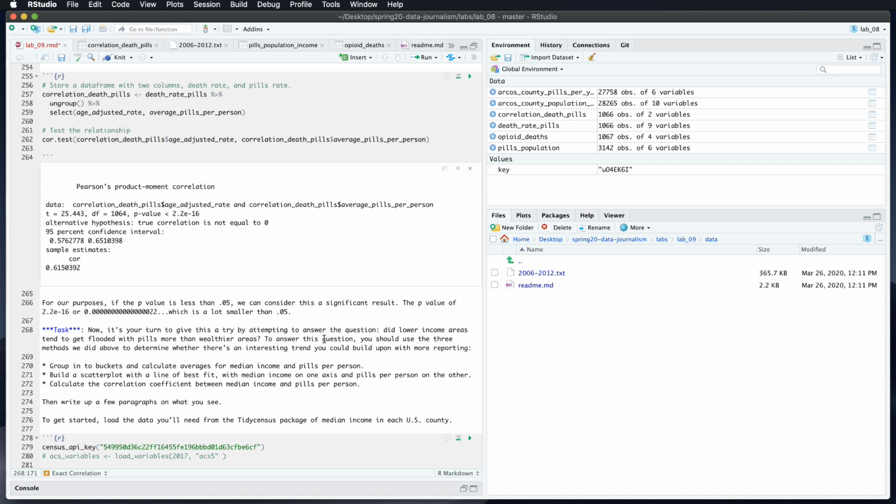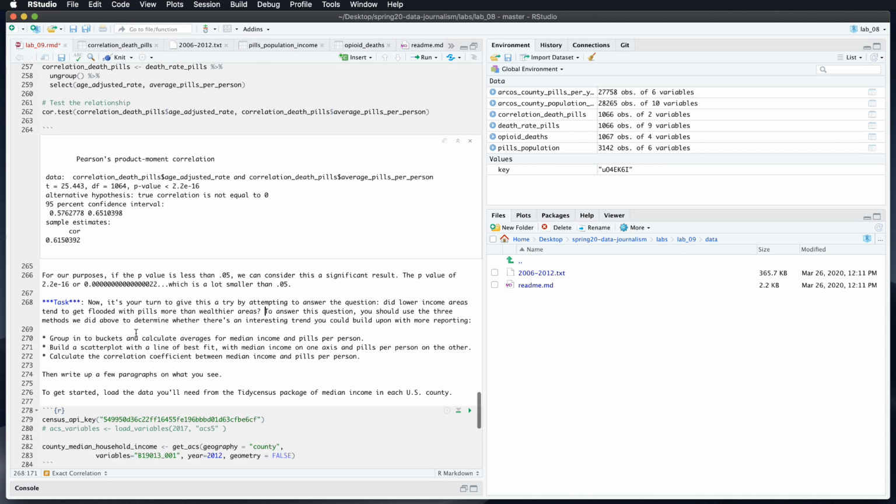Did lower income areas of the country tend to get flooded with pills more so than wealthier areas? So to answer this question, I want you to use the 3 methods we used above to determine whether there's an interesting trend upon which you could build more reporting, kind of flesh it out, see if there's something worthy of building a story around.